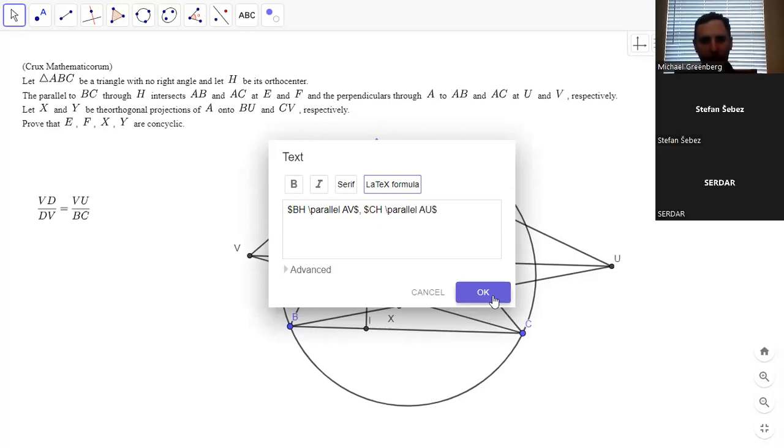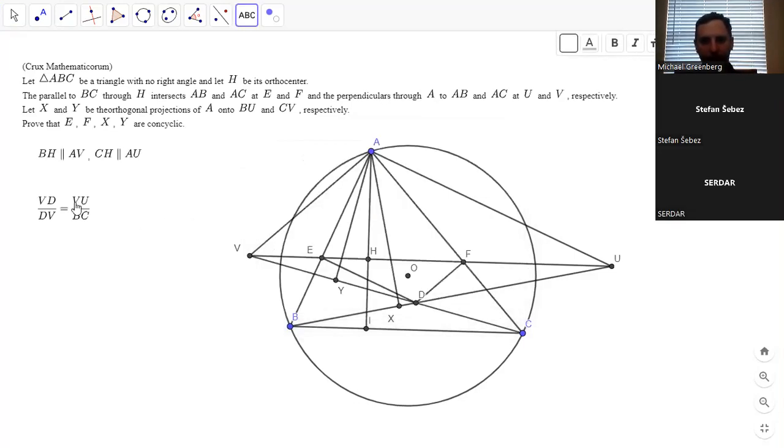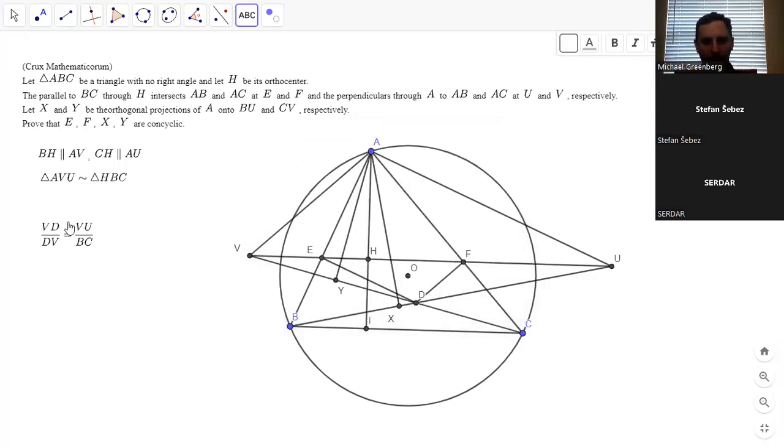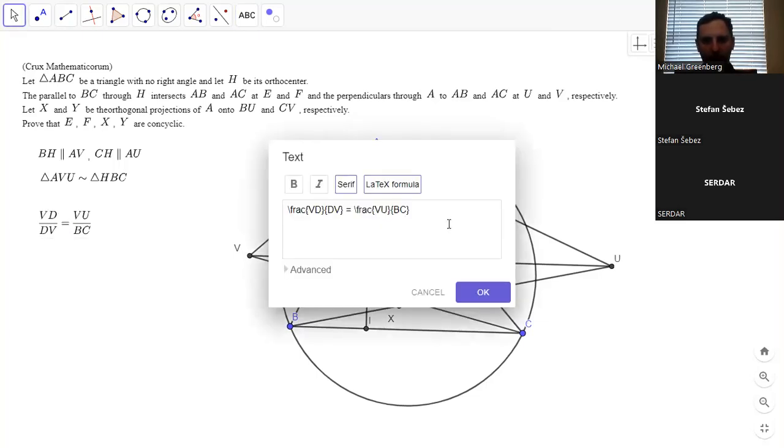If you combine those, then triangle AVU is similar to HBC. And so once you have that, then VU over BC is AH over HI.